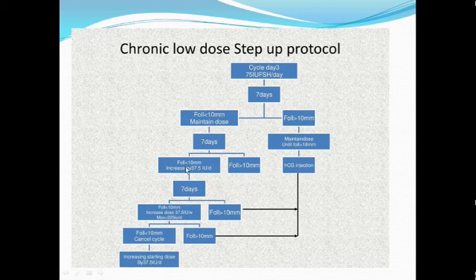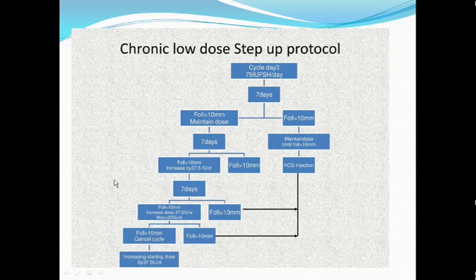Again, if it is still less than 10 mm, then increase by 37.5 international unit, continue for next 7 days. Again, if follicle size is less than 10 mm, increase the dose by 37.5, with maximum dose 225 international unit, and if still follicle size is less than 10, then cancel the cycle.